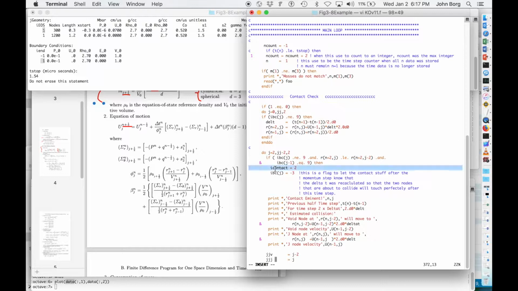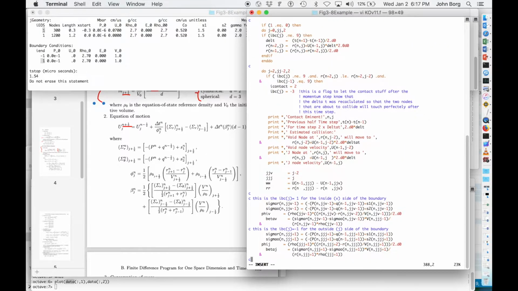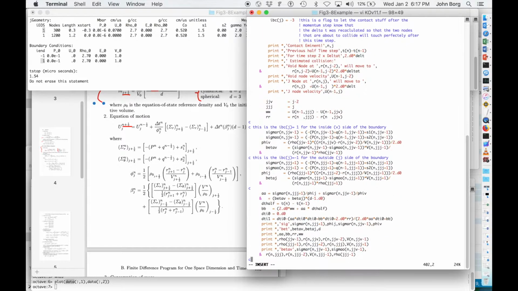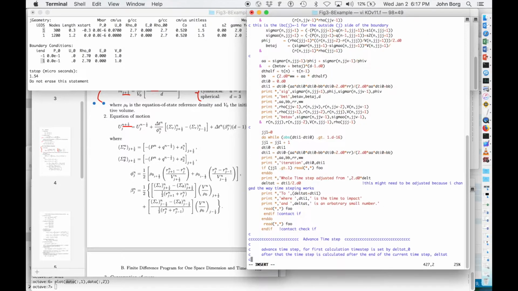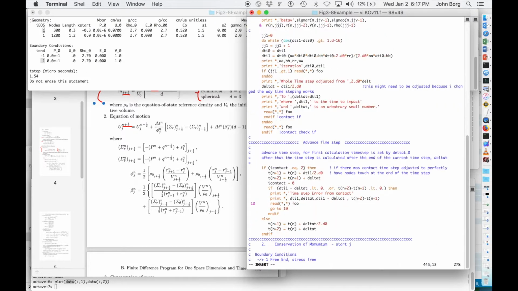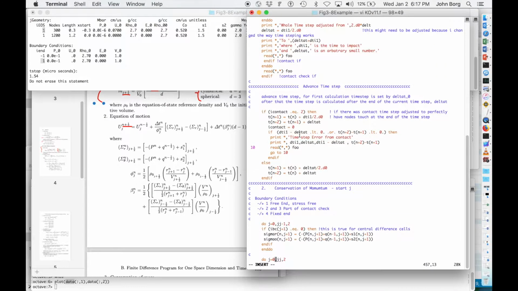I'm going to flag this particular iteration, and I'm going to calculate the perfect time step I need in order to have these two materials that are going to contact each other exactly meet. None of that is in Wilkins' book. I just added all of that so that I could do some more advanced problems.